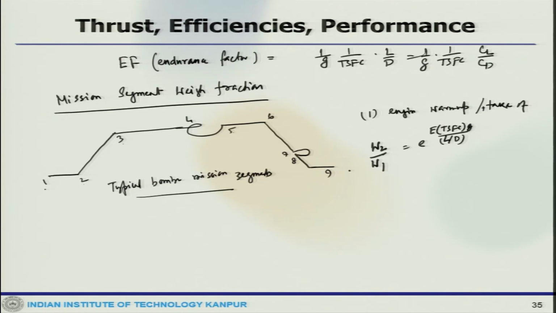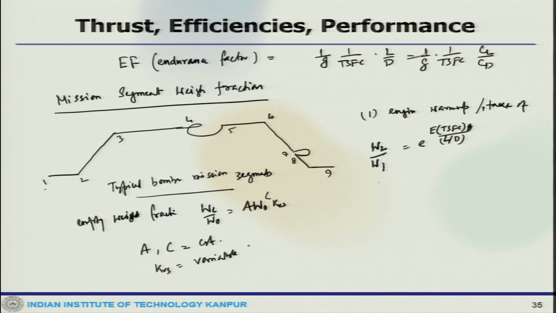Now, it is noteworthy to mention that the empty weight fraction is given by the relation, W E by W O is A W naught C K V S. So, A, C, these are constants which are provided by the manufacturer of the aircraft, and K V S is the variable sweep constant. Okay.